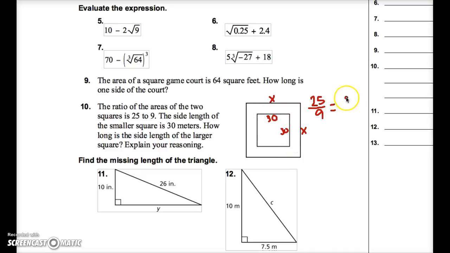X times x is x squared. The smaller square, 30 times 30, is 900. Okay? And then to solve a proportion, you just cross multiply. So 9 times x squared is just 9x squared. And then 25 times 900, let me pull up my calculator here.